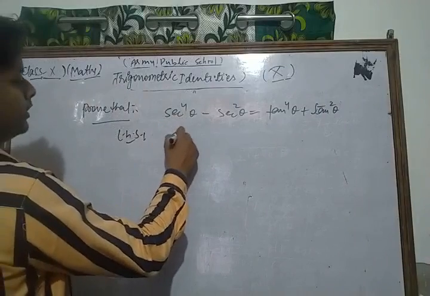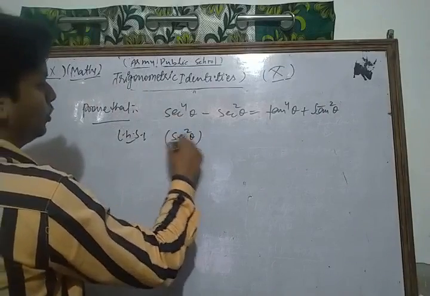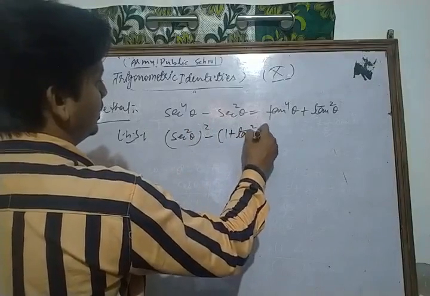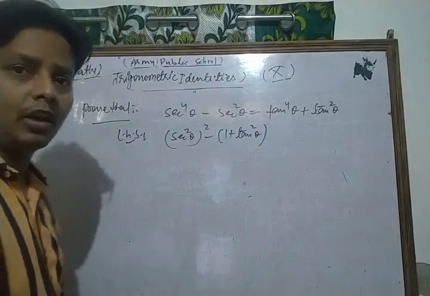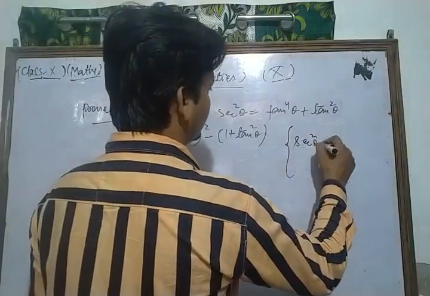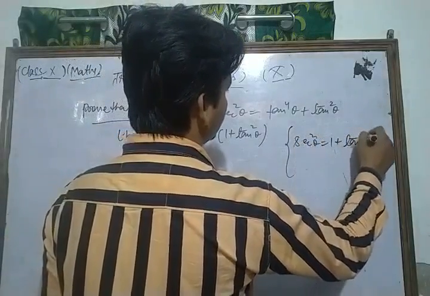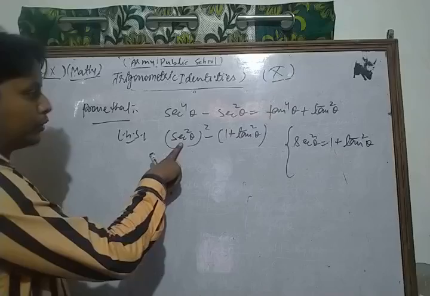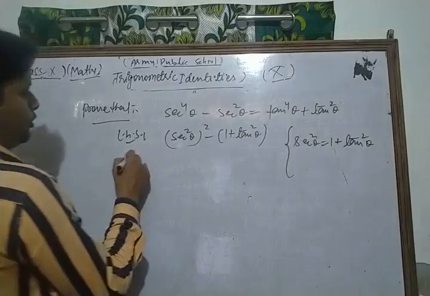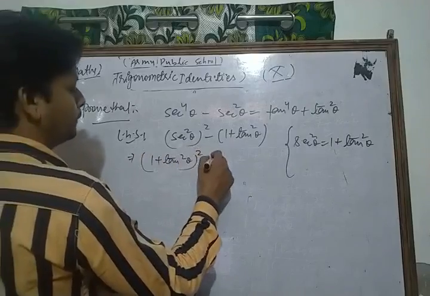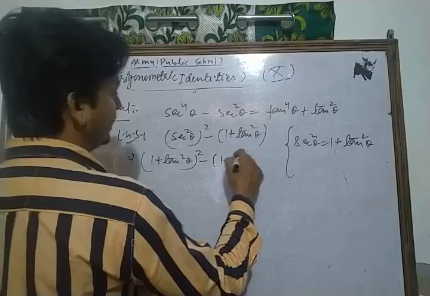So we can write sec power 4 theta as sec square theta whole square, and sec square theta we can write 1 plus tan square theta using the identity. Now here sec square theta, you know that sec square theta is equal to 1 plus tan square theta. So using that concept, now we put again sec square theta as 1 plus tan square theta. So 1 plus tan square theta whole square minus 1 plus tan square theta, write as it is.